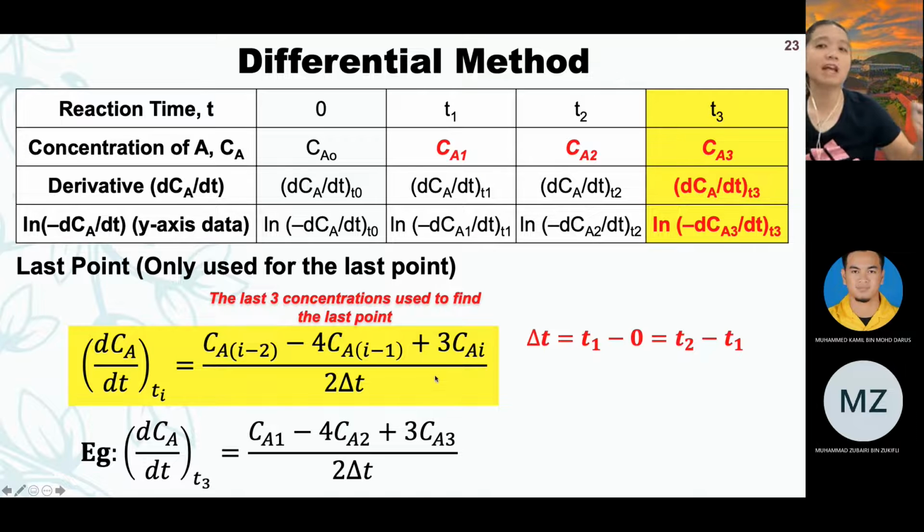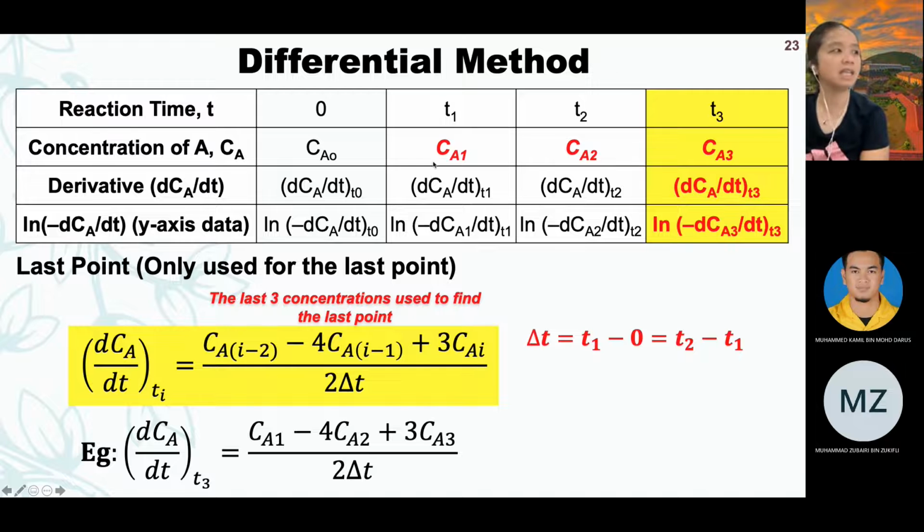So dia macam sama dengan initial point di mana you have to use 3 concentration. Initial point tadi kita akan guna 3 kepekatan yang paling pertama, yang paling atas. Untuk last point, we will use the bottom 3 concentration in your reading or in your table. So in this case, dia akan menjadi dCA per dt for T3, sebab our last point is T3. Untuk T3 equals to, tengok 3 kepekatan paling bawah.